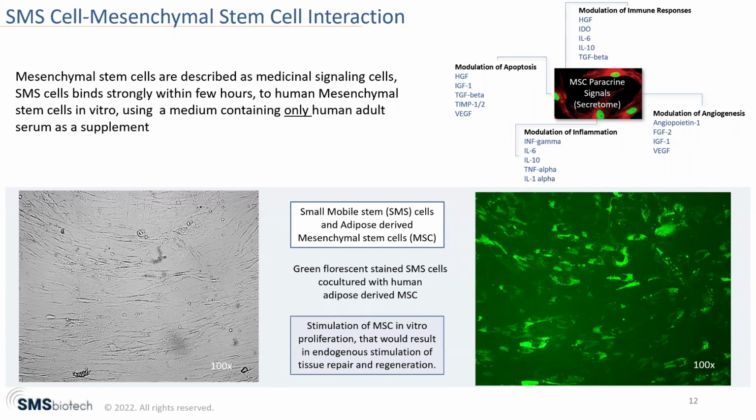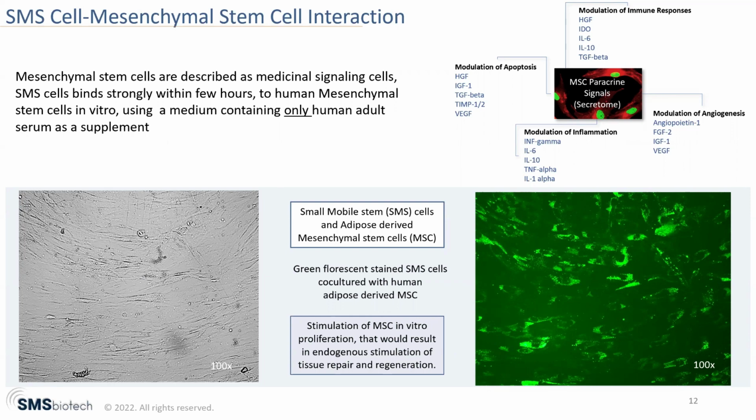SMS cells attach to mesenchymal stem cells. Now, we know that mesenchymal stem cells are very important in tissue regeneration. We know how they modulate the immune system, lower inflammation, and start the regeneration of these tissues.